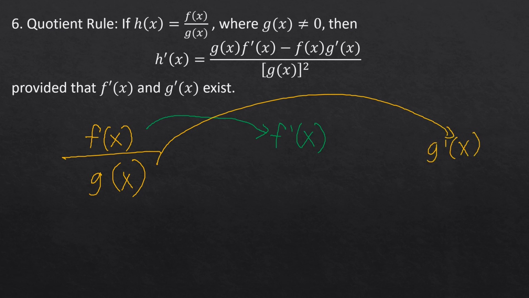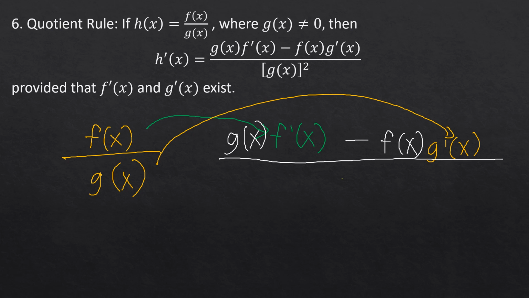Okay? Now, we just need to attach f of x to g prime of x, and here g of x to f prime of x. The operation is subtraction. Then you're going to get the square or square the denominator.